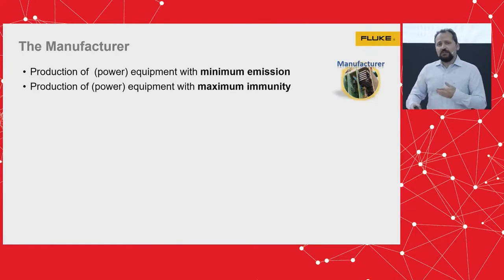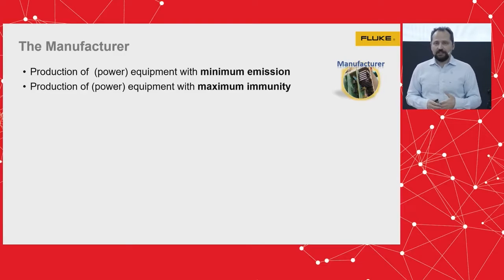There is a second implication that they will need to make sure of, which is basically to manufacture devices that are not very sensitive to potential power quality issues in the power supply.